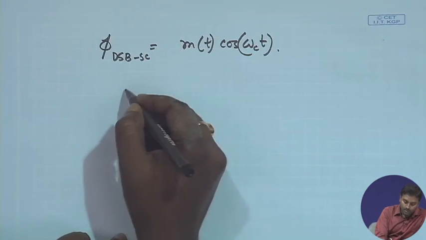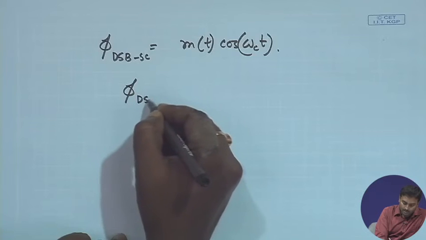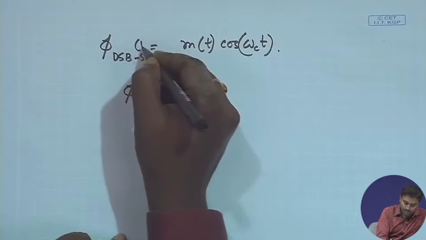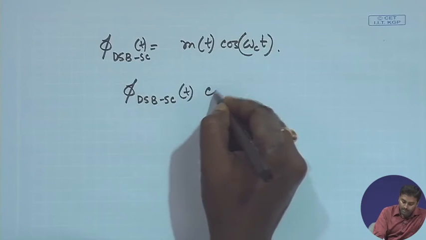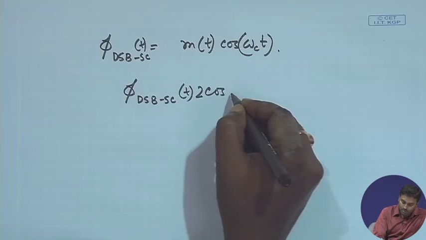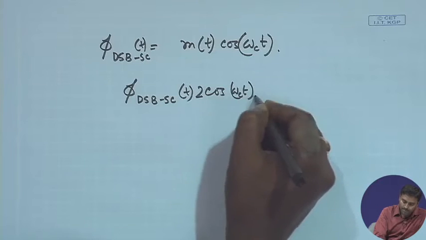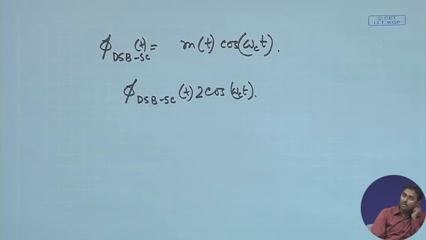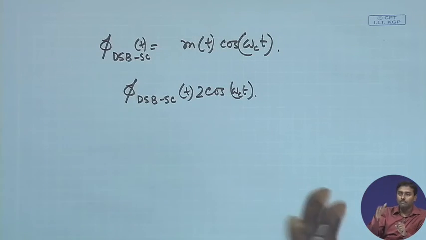So, generally my demodulation process is something like this: DSB-SC(t) multiplied by 2 cos omega_c t. Okay. So, I multiply by this and then pass it through a low pass filter. This is what we do. Low pass filter which has a bandwidth roughly or cutoff frequency at B. Okay. So, this is what we do.